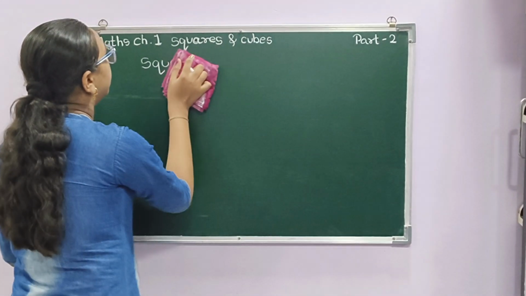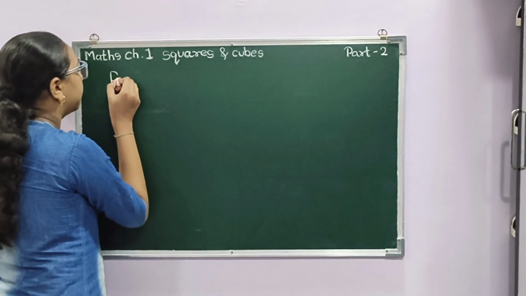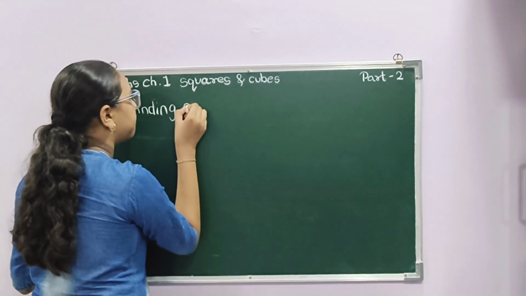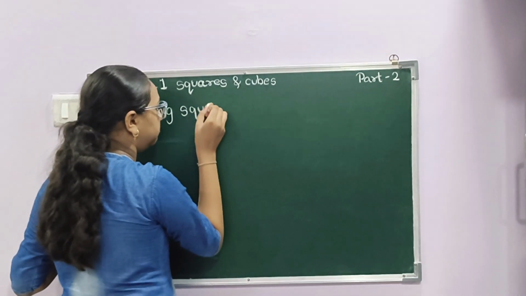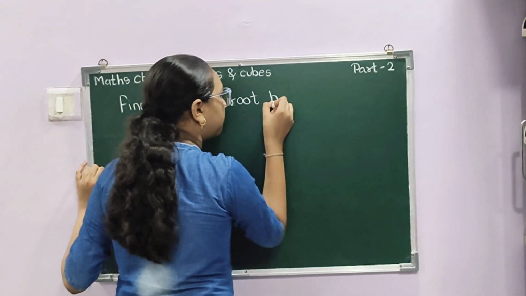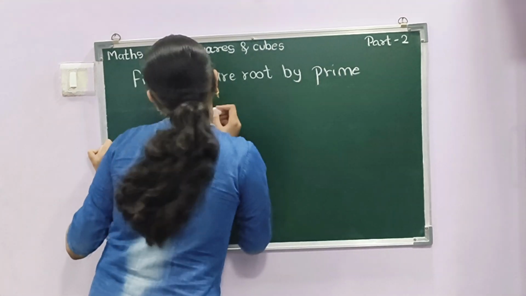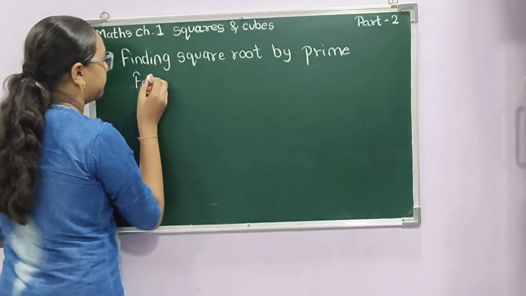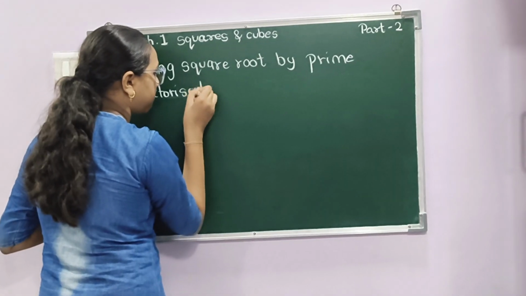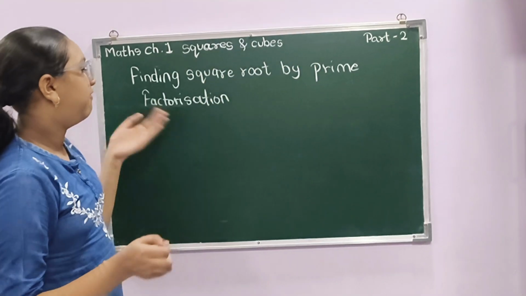So now we will learn about finding square root. We will find the square root by prime factorization.